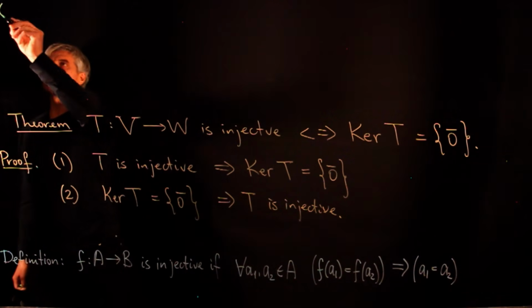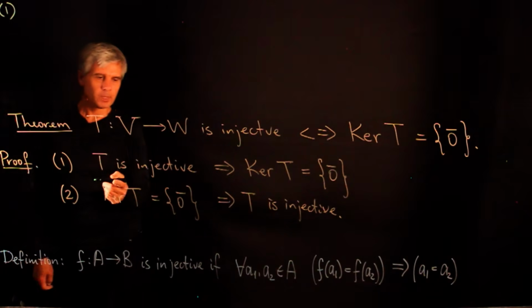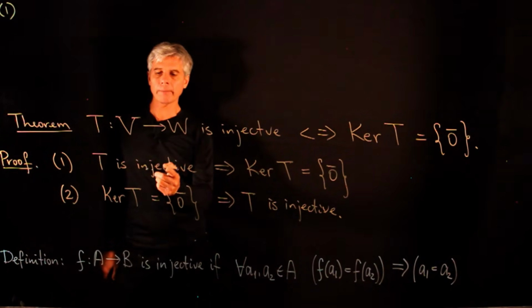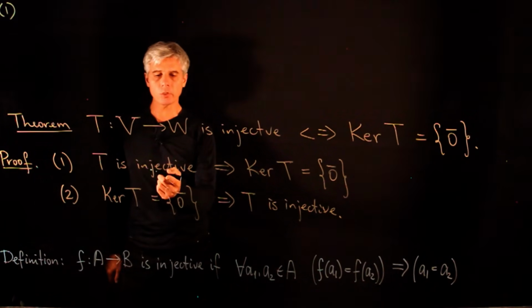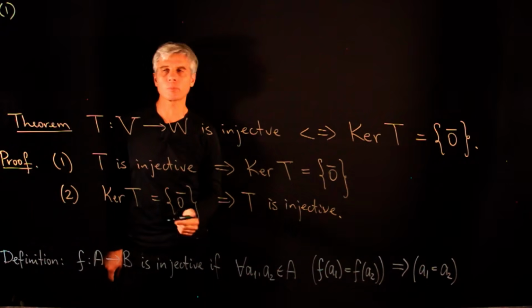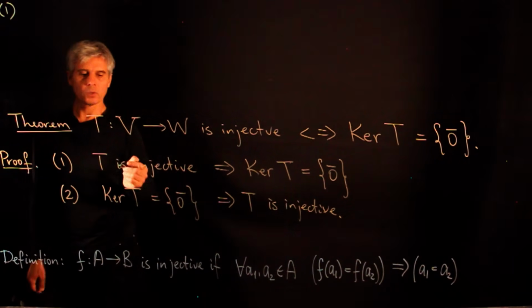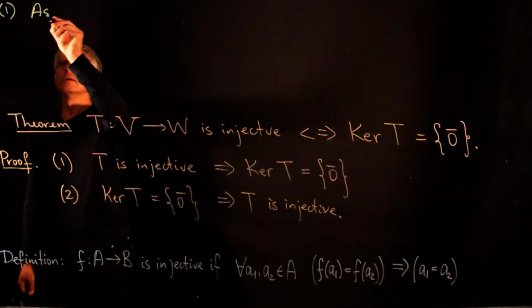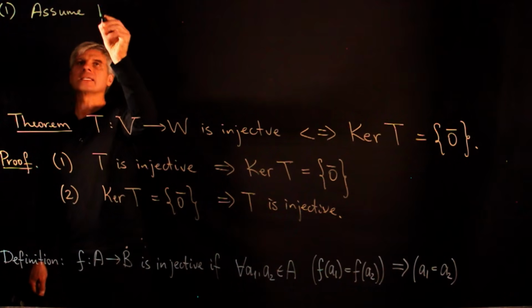All right, so let us look at part 1. So here, when we prove A implies B, we assume that A is true, and we are trying to prove that B is true. So we assume that T is injective.